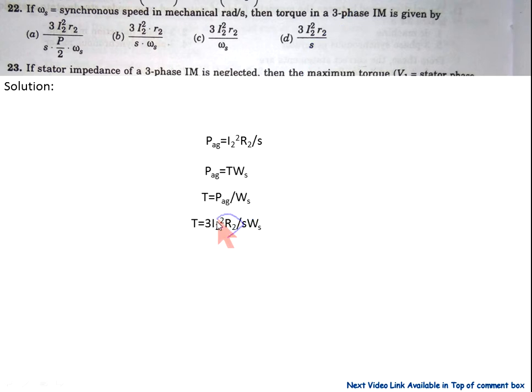So due to three phase we multiply by 3. Now this is the torque developed, the mechanical torque developed. So the answer is B, 3 I2 square R2 upon S omega S.